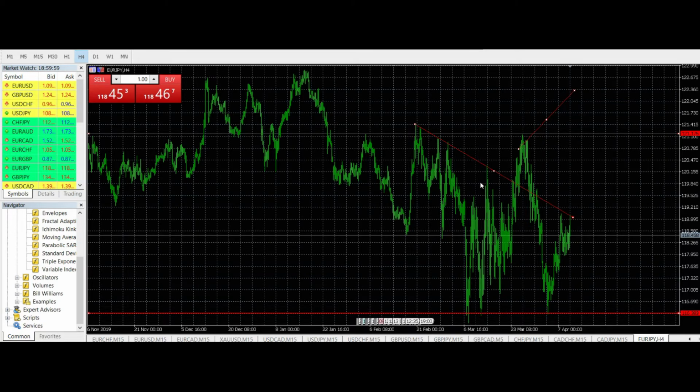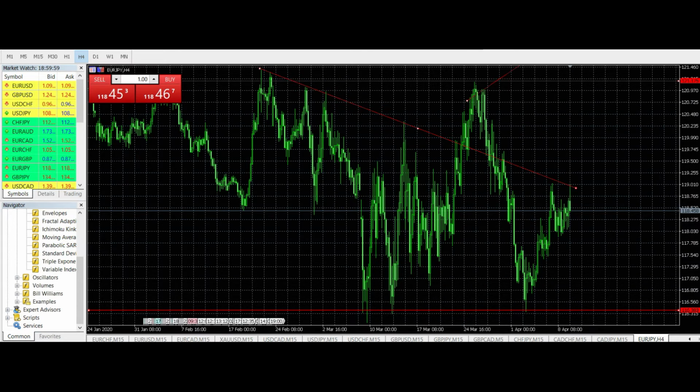Now that we have done our very simple technical analysis, we can look at the live market. The price is here, and we can think the price is probably going to test the resistance line. So the price is probably going to go up, test this resistance line that we have drawn earlier, and then, well, back down.